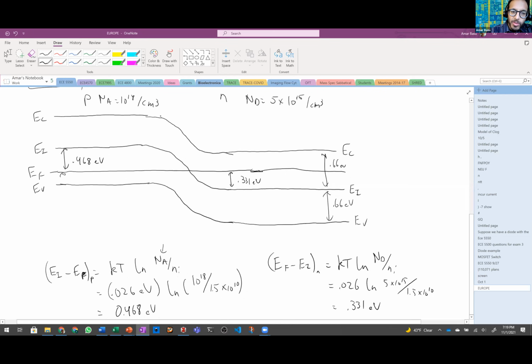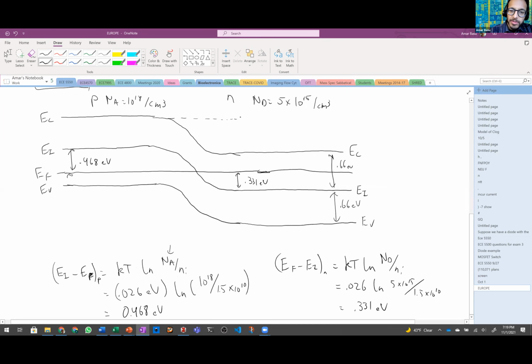So this is what we want to find out. What is this energy barrier here? What is this distance here? Because that's going to tell us the built-in potential. So I want to see if someone can just look at this diagram and tell me what that number is going to be, or how we can find it.